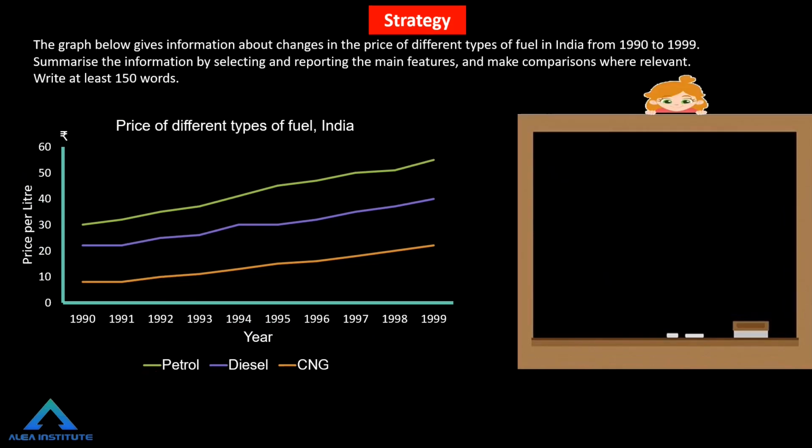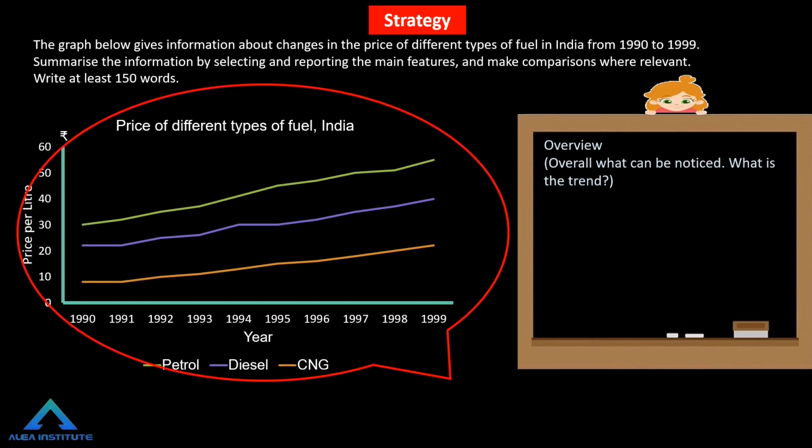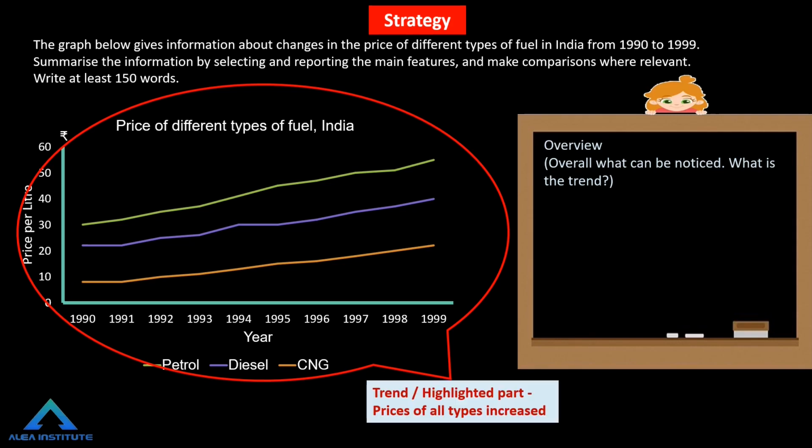Now, for the overview, we should see that overall what can be noticed in this particular picture. What is the trend given in this picture? So overall, if we see the highlighted part of the trend, the prices of all types of fuel increased throughout this period.